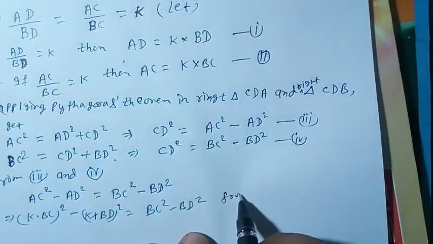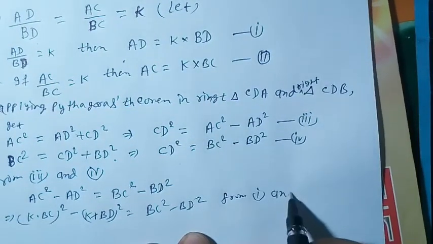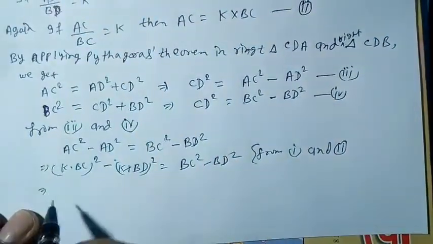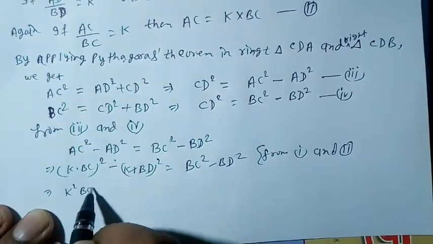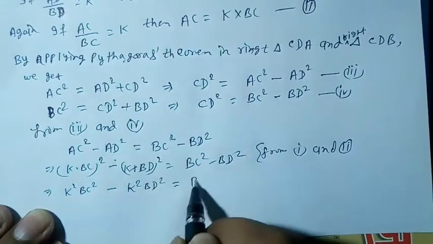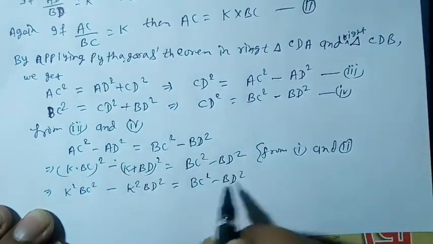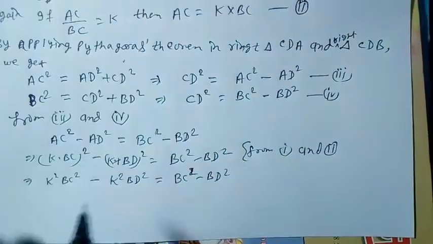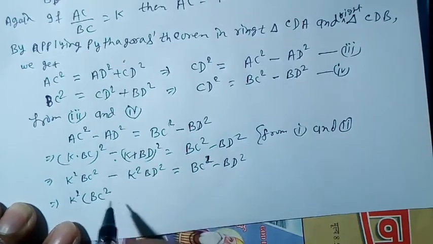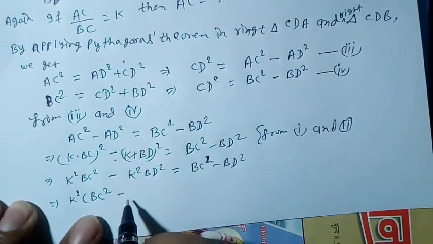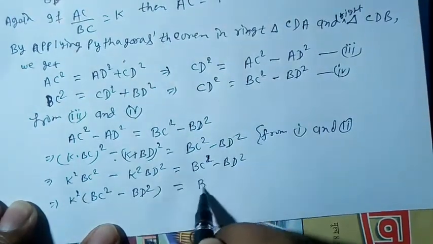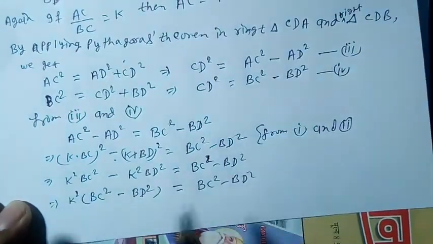From equation 1 and equation 2, implies K square BC square minus K square BD square is equal to BC square minus BD square. Common K square, then I get BC square minus BD square is equal to BC square minus BD square.